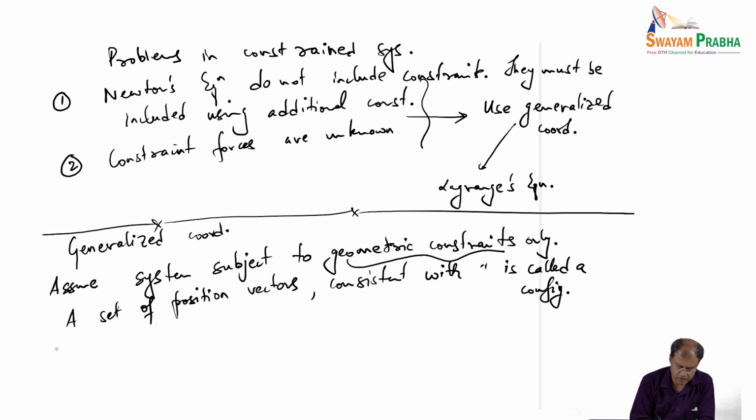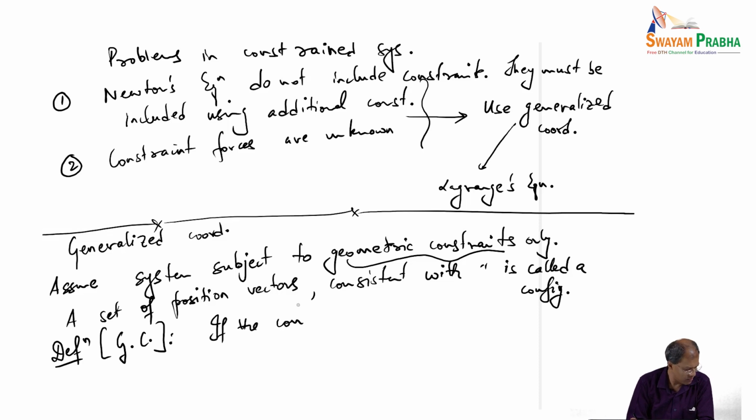And now we are ready to write down the definition of generalized coordinates. We say that if the configuration of a system is determined purely by the values of a set of independent variables, then those independent variables are said to be the generalized coordinates of the system. So let me write down what I just said.